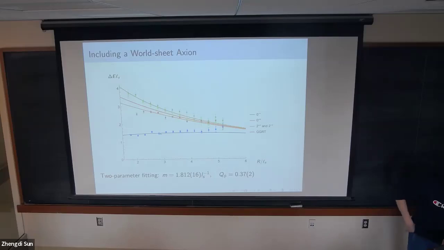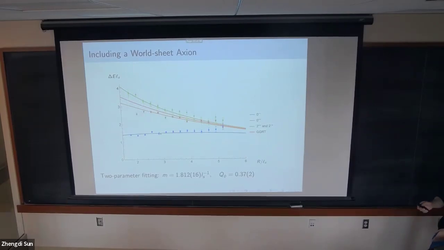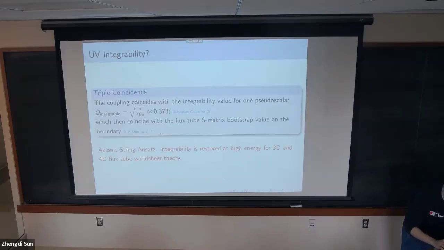Okay, so this is already good. And as a side note, I want to point out the fact that the axion coupling that I have here, 0.37, with some systematic error, actually has a very interesting numerical coincidence known as a triple coincidence. So this axion coupling actually coincides with the integrability value for one pseudoscalar.